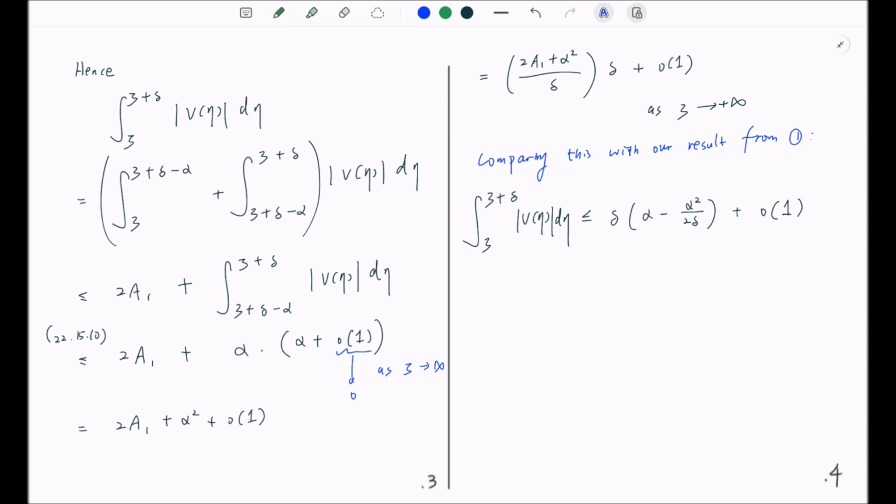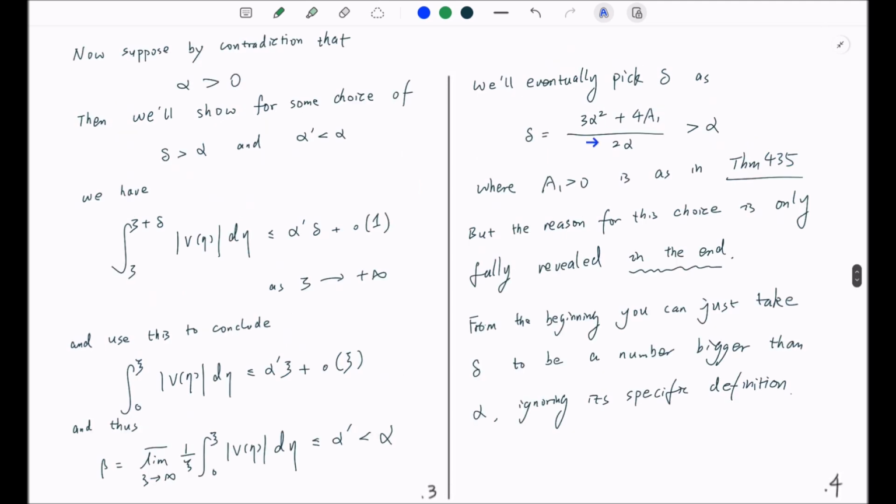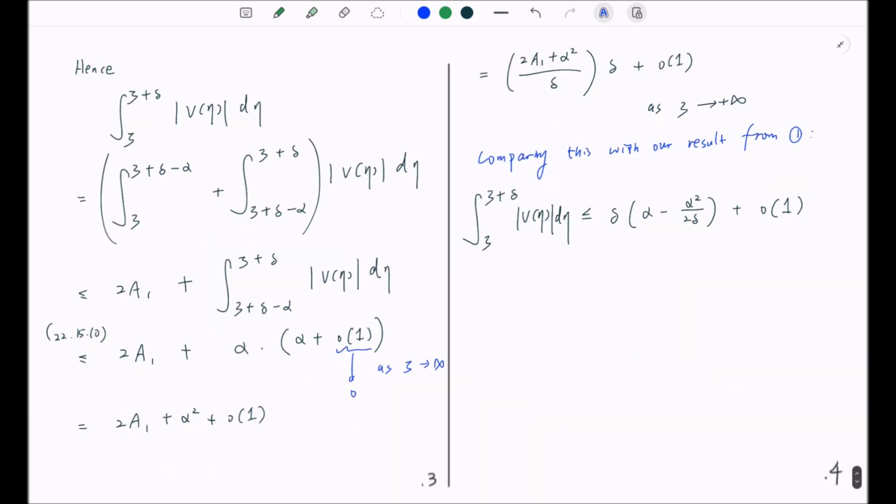Now I'm ready to review the reason for our choice of this delta from the beginning. Why did we make this choice? That choice for delta was obtained by setting this guy equal to this guy, so that you get just one bound for this integral in either case.